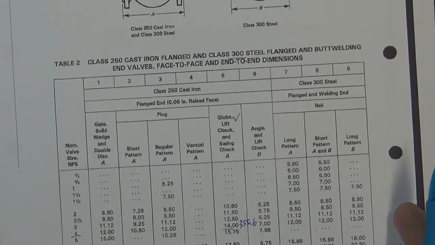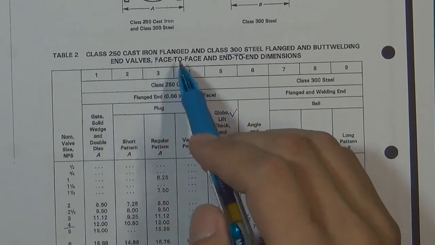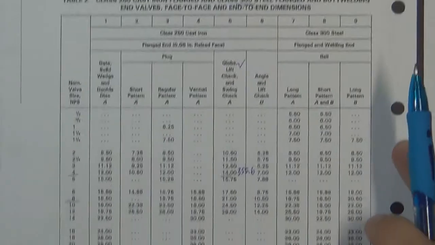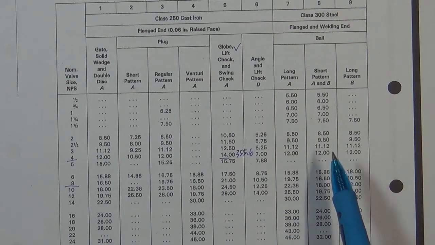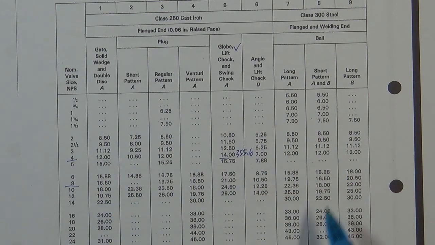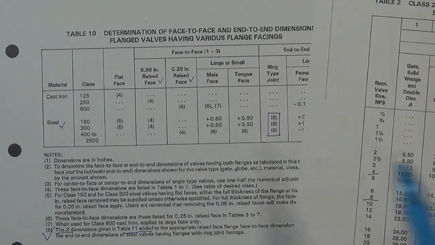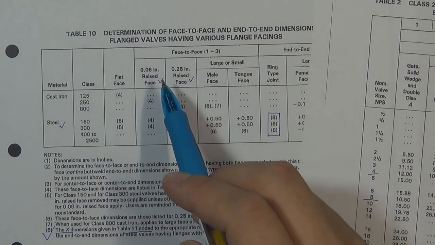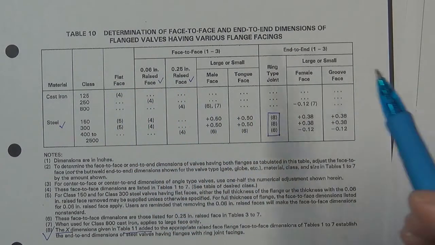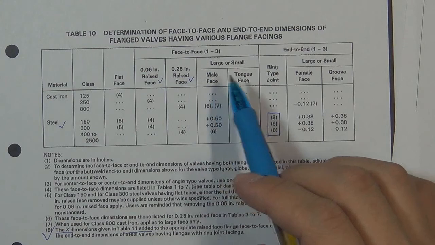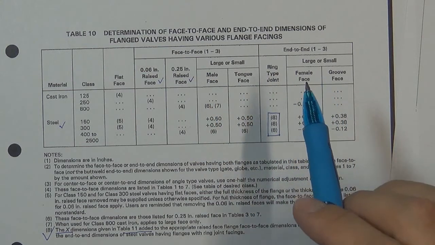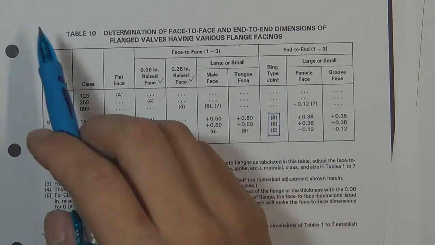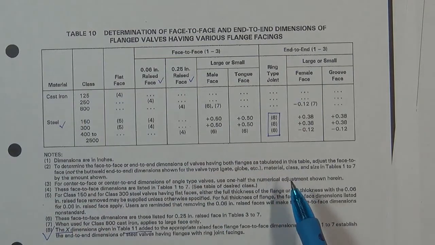Because in ASME B16.10, the face-to-face and end-to-end design factors are all located in one table. And also, all those design factors are just for flat face and raised face. If you want to know the correct design factor for other kinds of flange face, you need to calculate from this table 10 in ASME B16.10.